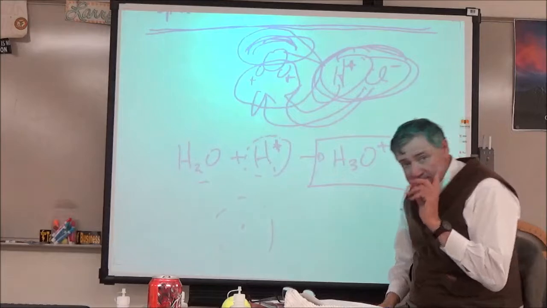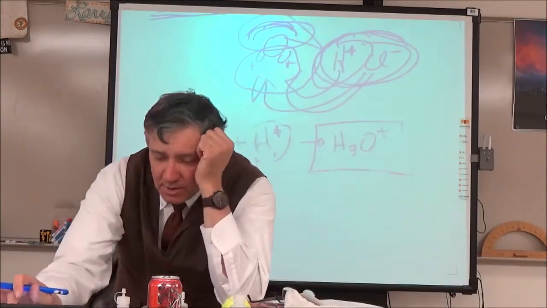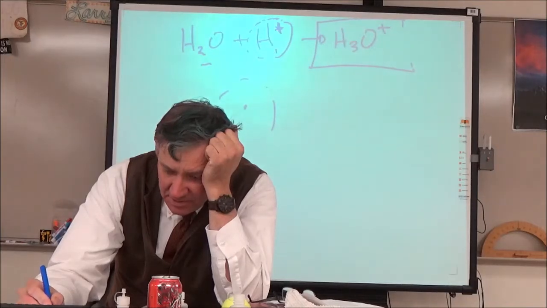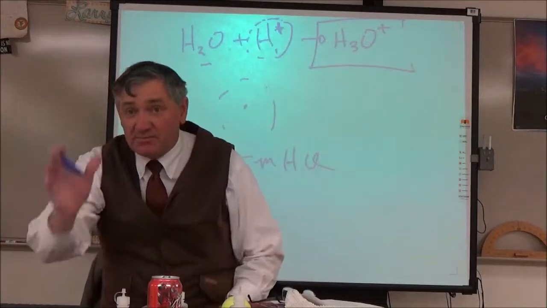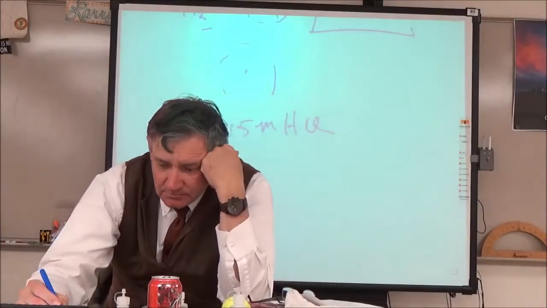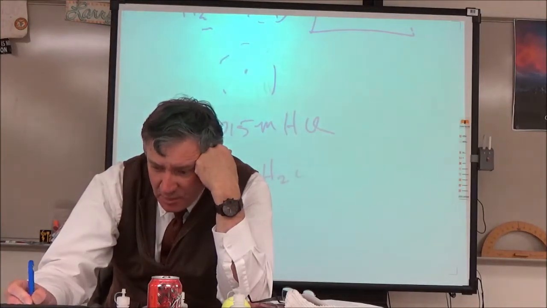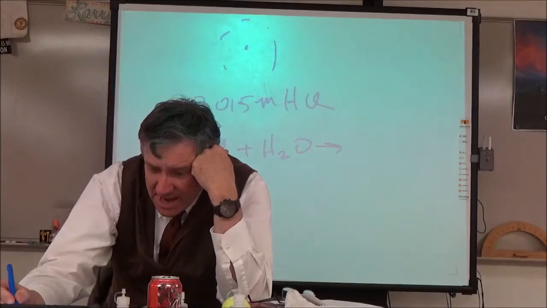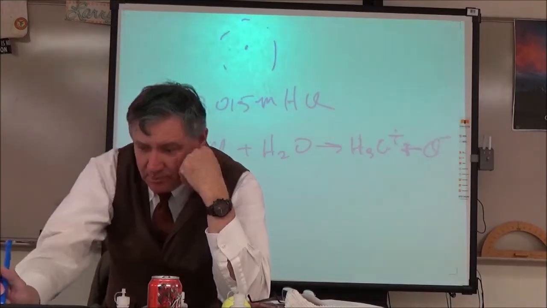So what happens here, and this is the whole key to this problem on number 9, you have 0.015 molar HCl. Okay, that's what you're going to start with. So what's going to happen is this. That HCl, you're going to put that in the presence of water, and you're going to form H3O+ and a chloride ion.